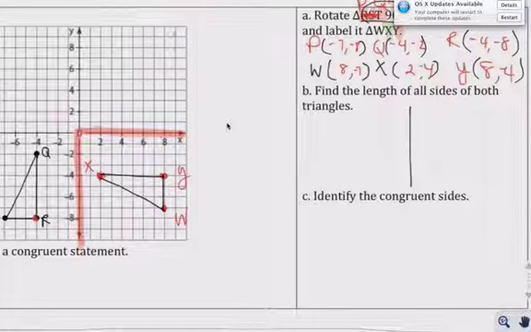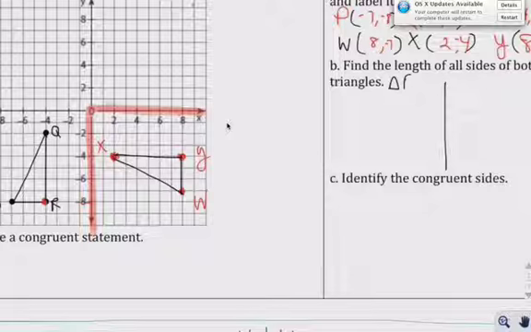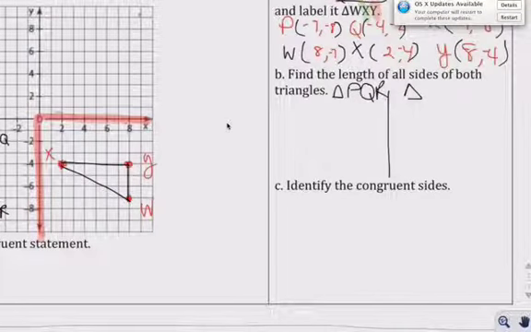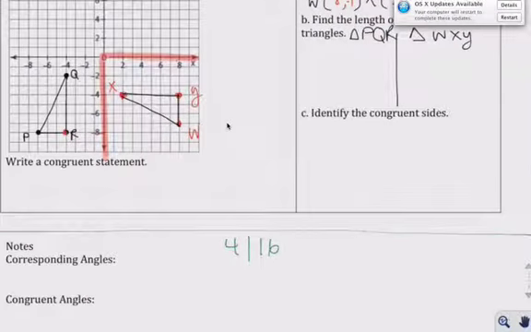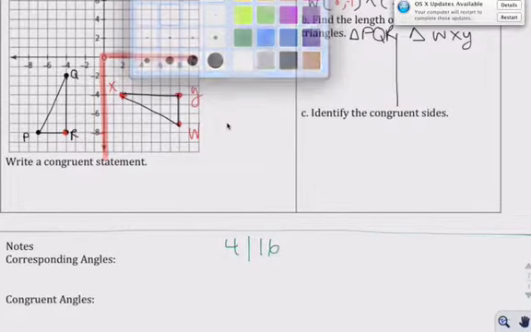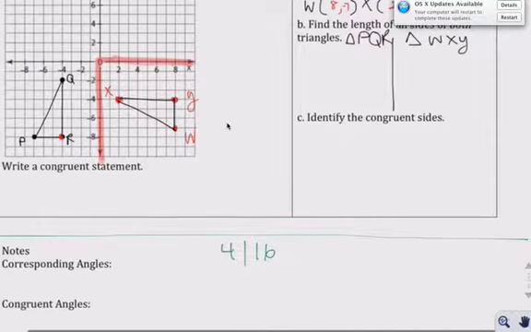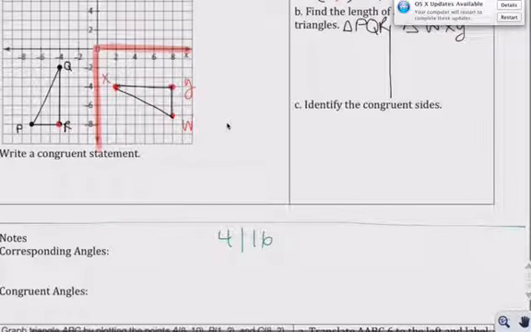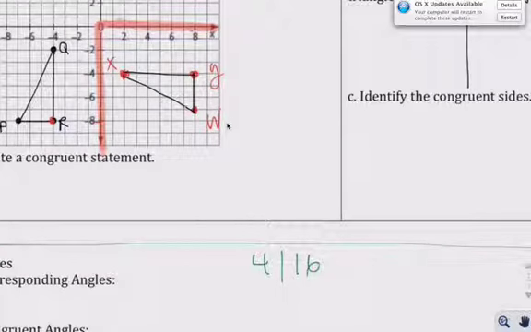Okay, find the length of both sides. Draw the line in the middle. Let's do triangle PQR first, and then the other one, triangle WXY here. Let's do the first length right here.